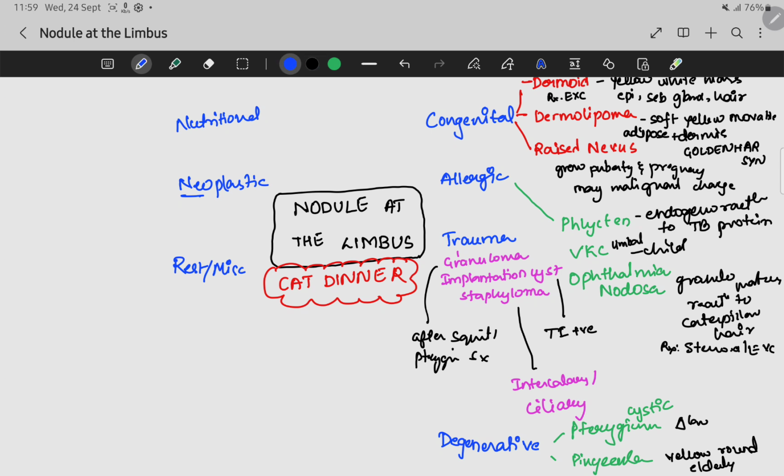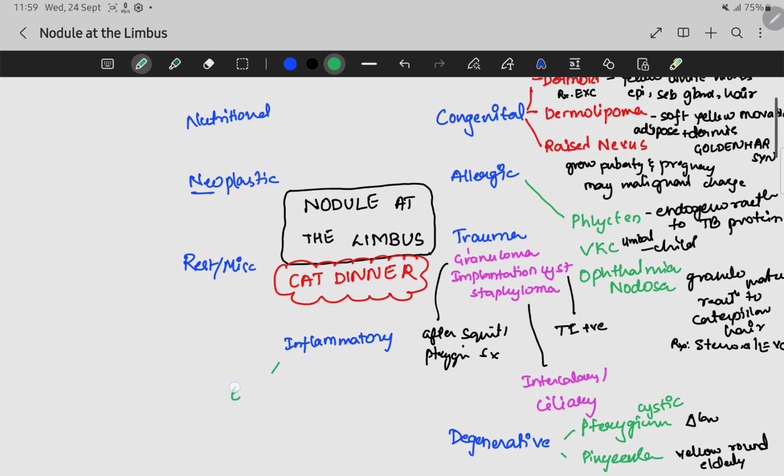Then coming to inflammatory, we have episcleritis, scleritis, and in the inflammation plus infection category we can take it as cysticercosis.